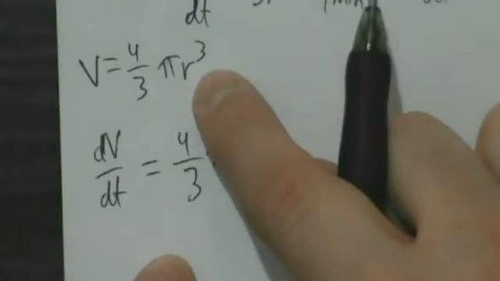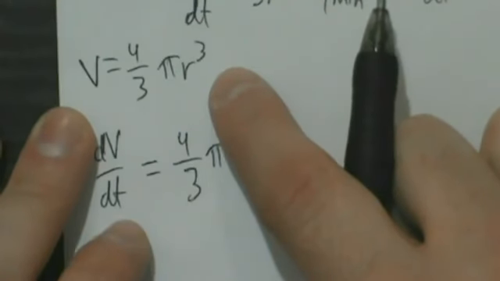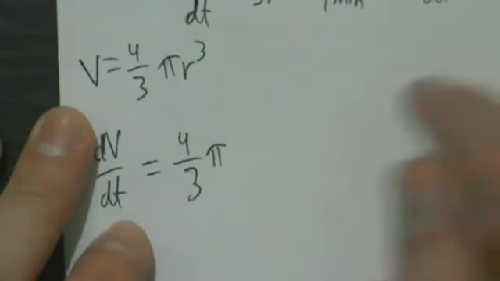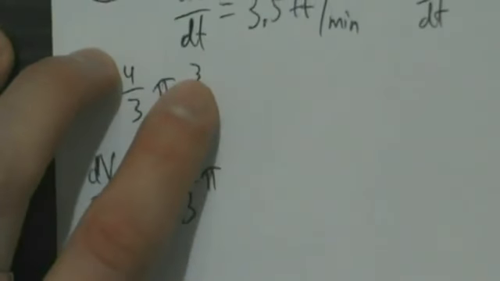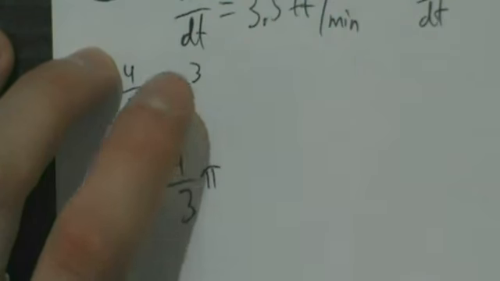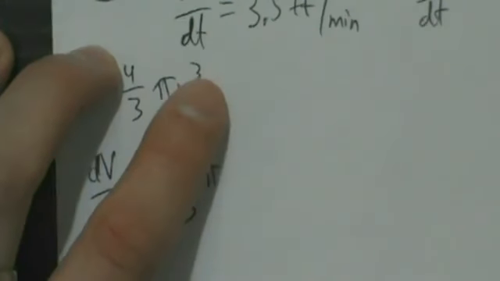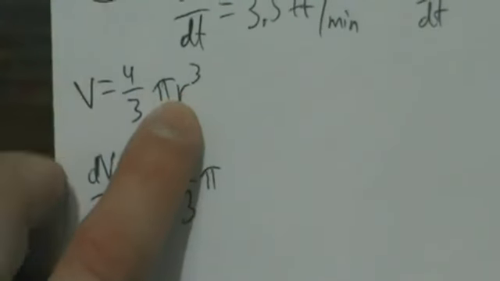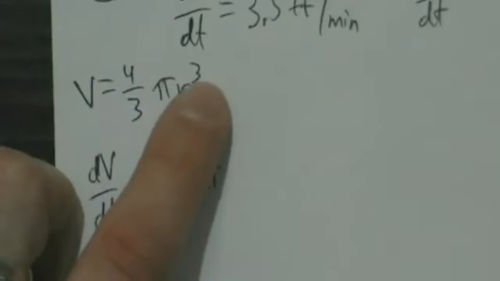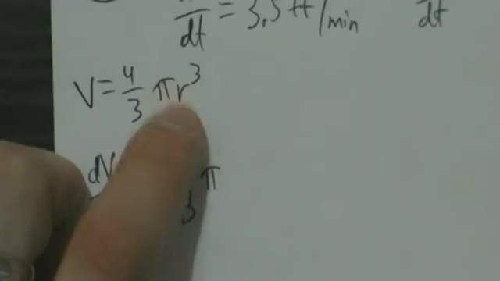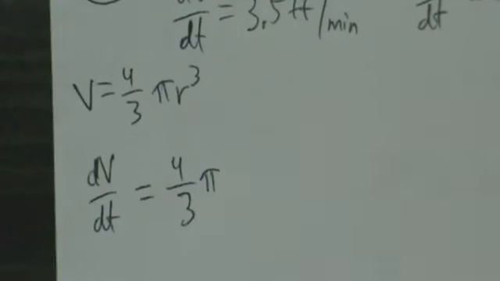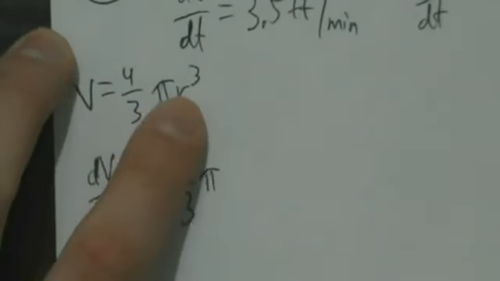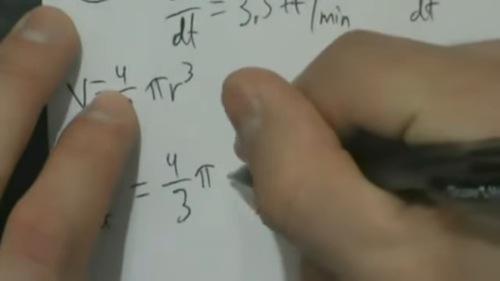And then r cubed. This is going to be implicit differentiation, and that's just the chain rule. r implicitly is a function of t, and then we cube it. So what we have here is a function inside of another function. r is already a function of t, and it's being cubed. The chain rule says the derivative of that is going to be the derivative of the big guy evaluated at the little guy.